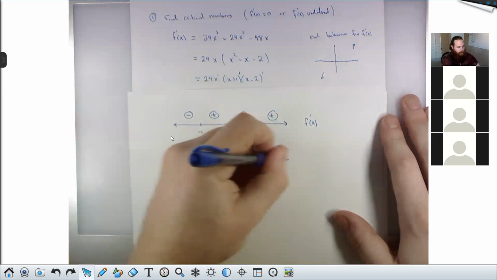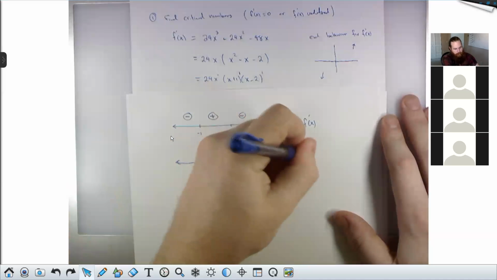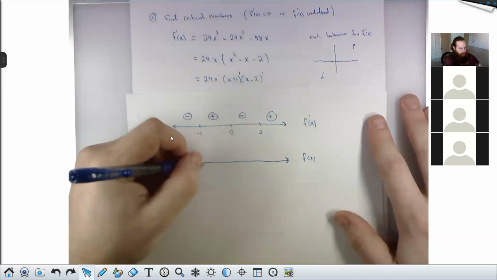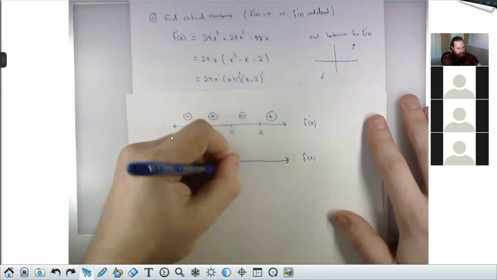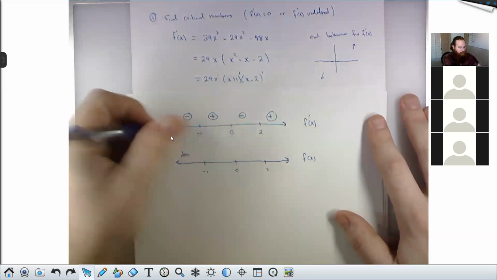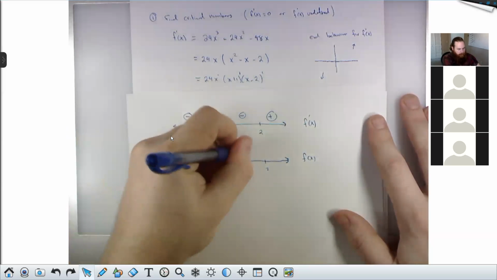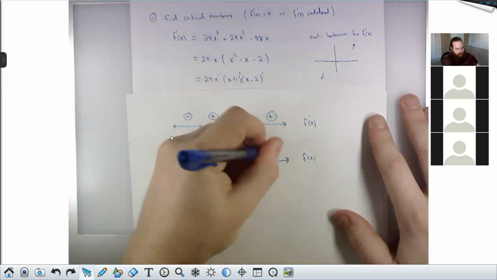This means that f will be decreasing here, increasing here, decreasing here, and increasing here.